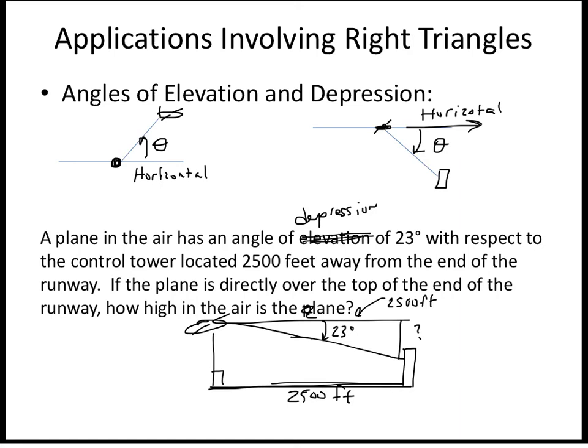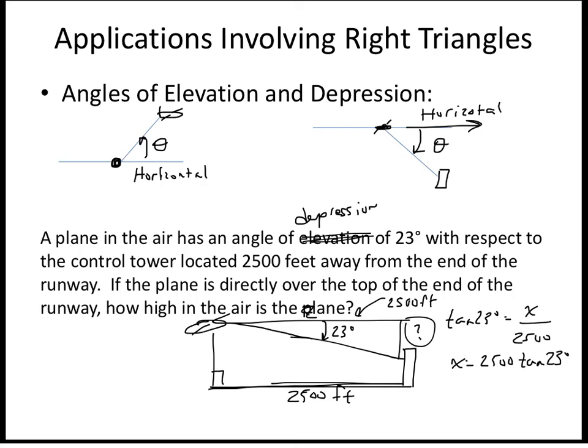So I've given you adjacent, and I need to know opposite, so I'm dealing with tangent, right? Because tangent of 23 degrees should equal opposite, which is my distance, x, over 2,500 feet. So x should equal 2,500 times the tangent of 23 degrees.